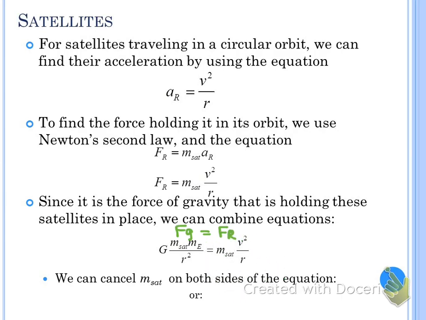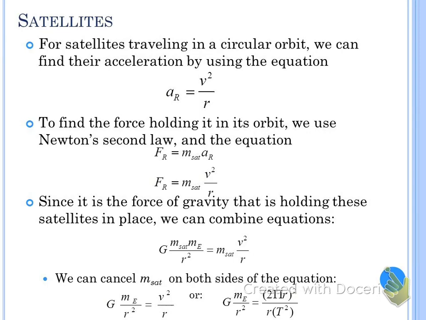Do we see why that kind of comes together? There's nothing holding that satellite in place except for gravity. So essentially your centripetal force and your gravitational force have to be equal to each other. From here, algebraically, we can cancel out the mass of the satellite on both sides of our equation and end up with equations that look like this.